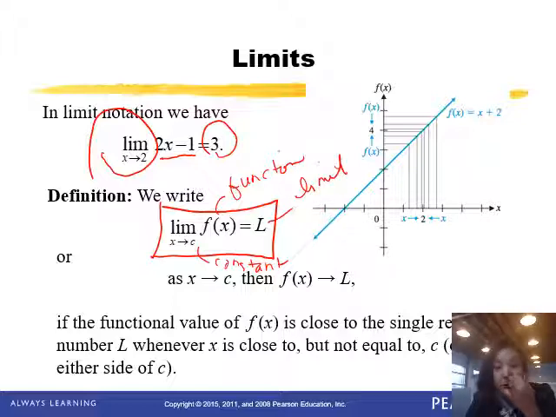If the functional value of f of x is close to a single real number L, whenever x is close to but not equal to c, which is our constant.